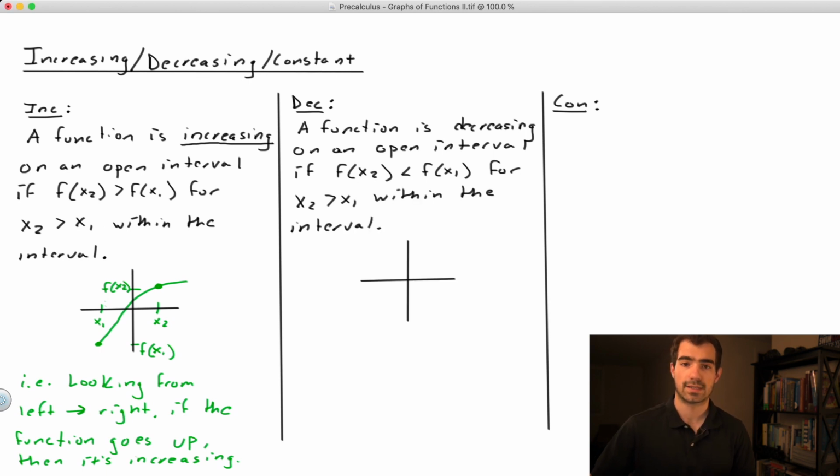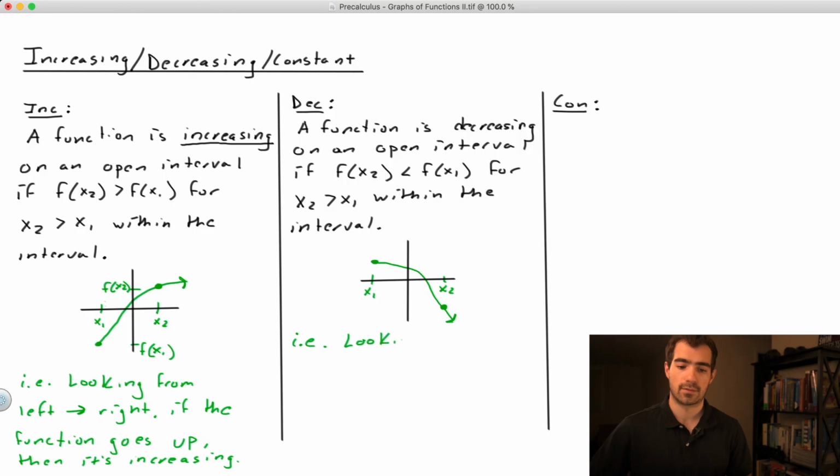And we can visualize this on a graph as well. If we look at some x1 and then some x2 that's greater than it, if our function goes down from one to the other, then we would call this a decreasing function. And again, in other words here, if we look from left to right and the function goes down, that's how we know it's decreasing.